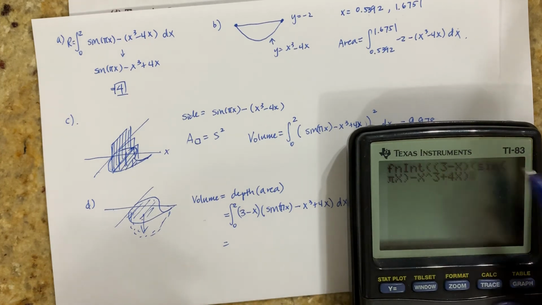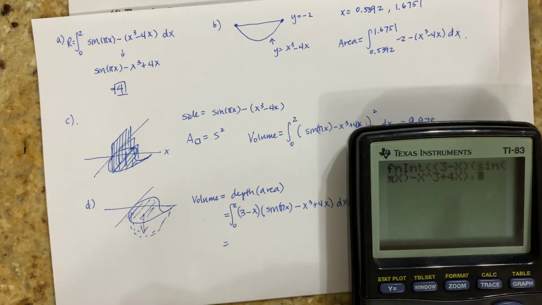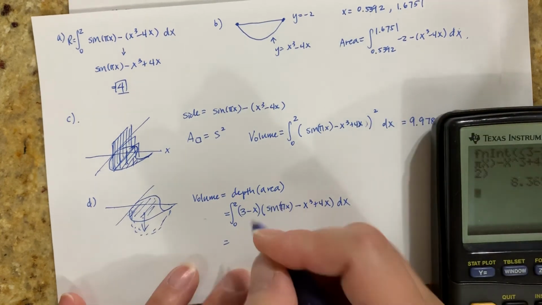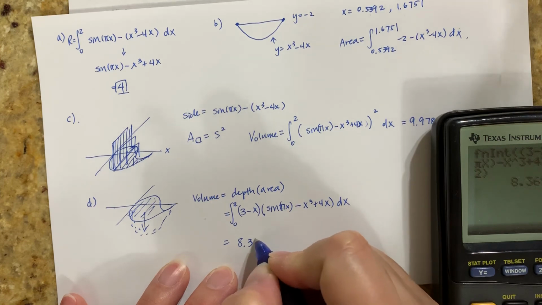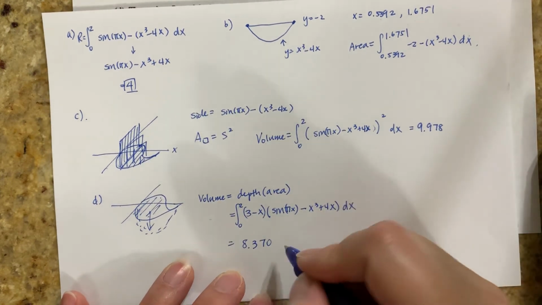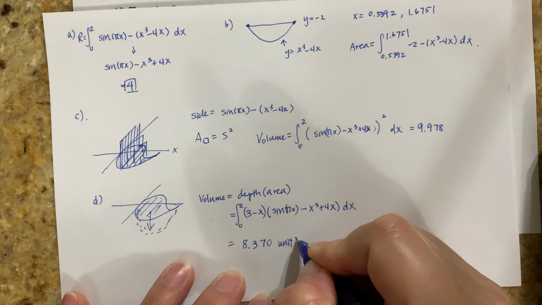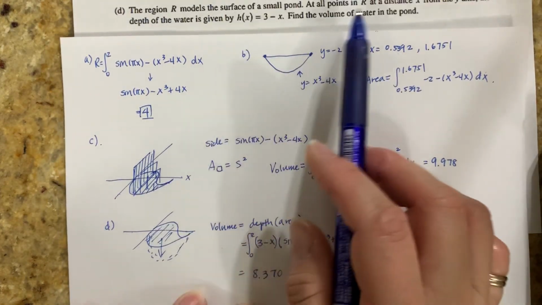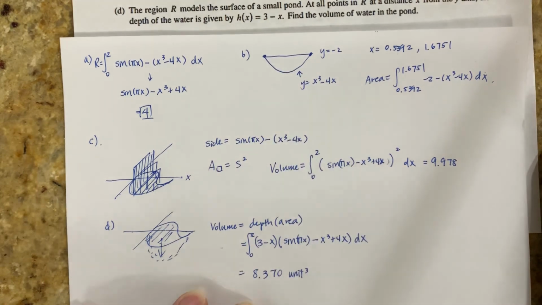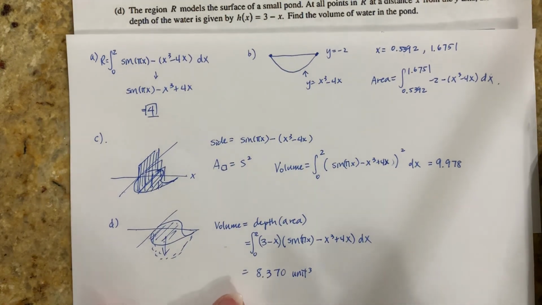So that's my two functions multiplying together, comma x, comma 0, comma 2, close, and press enter. And there my pond is going to be 8.36995, so 8.370 cubic units, right? It really doesn't say what the measurements are, so that would be our final answer. Okay, that's it for number 1.